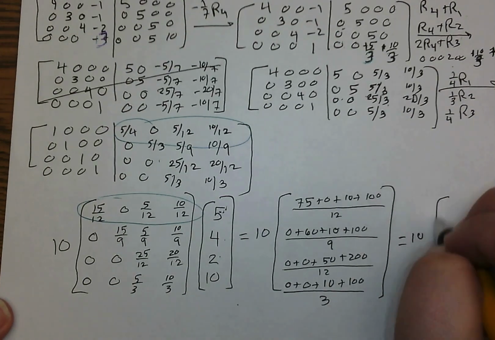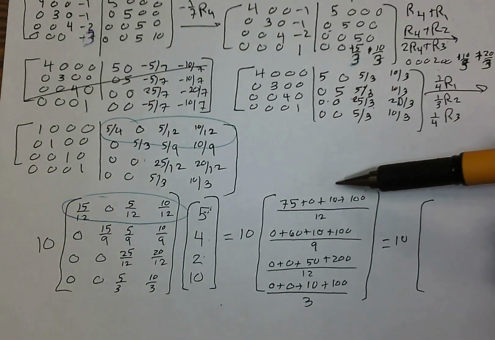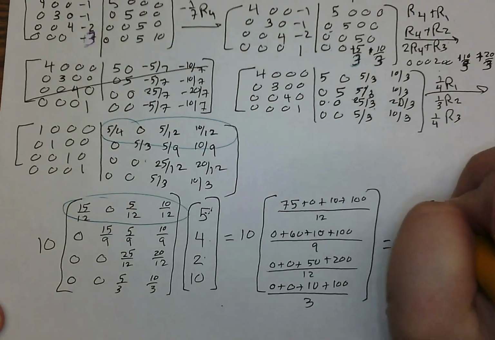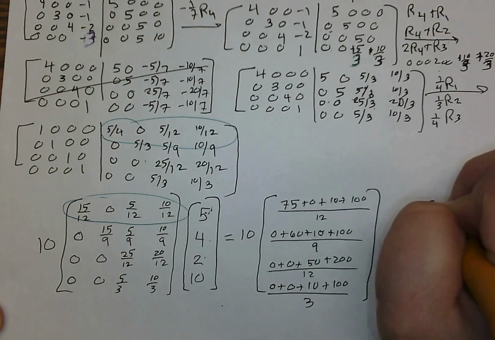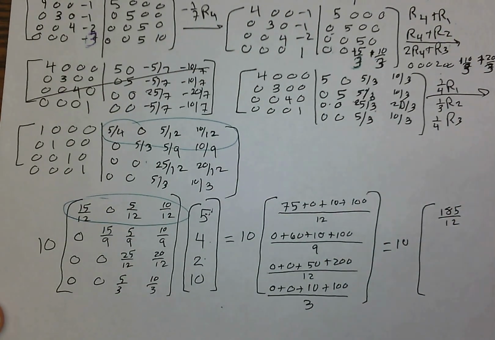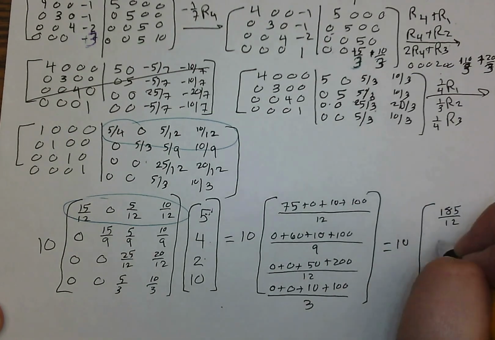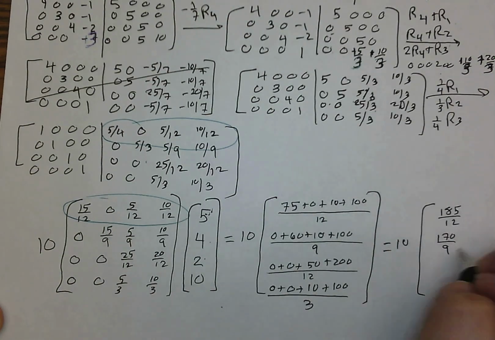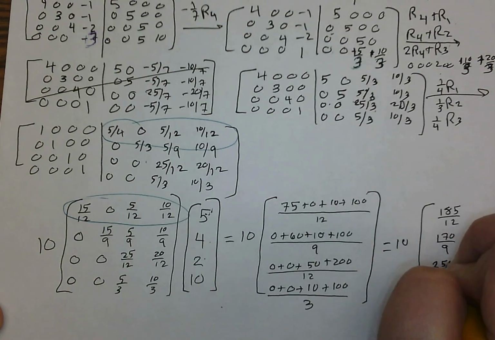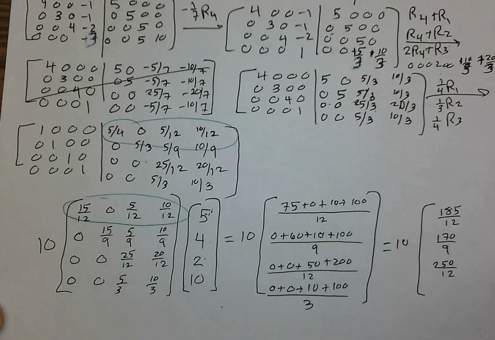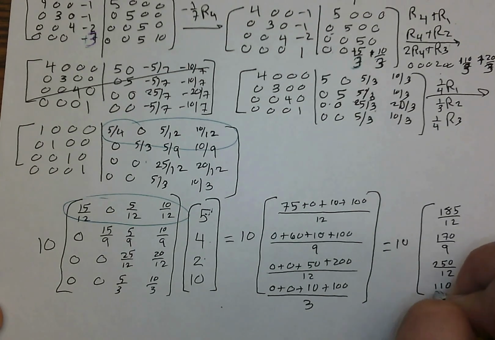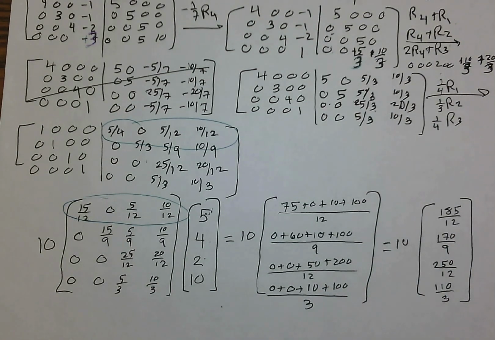So it's 10 times 75, 85, 185 over 12. 60, was this a 10? 70, 170 over 9. 250 over 12, and 110 over 3. Now the question becomes, can these reduce?